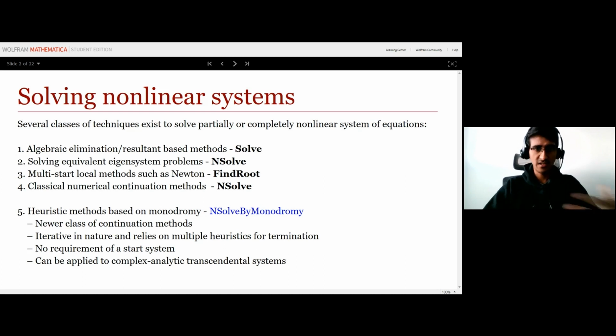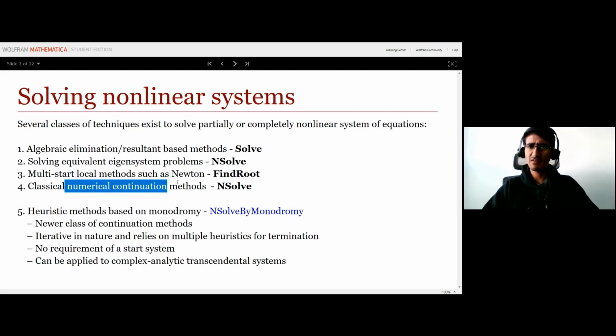So that's why we started looking into some of these global methods that come under the class of methods called numerical continuation methods. Some of these methods are available in NSolve as well, but there are some new advancements in the class of numerical continuation methods that are more heuristic and incorporate a lot of probabilistic and randomness into the solution process, and that gave birth to this new solver NSolve by Monodromy.